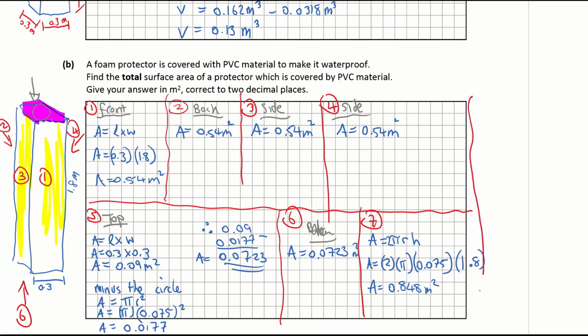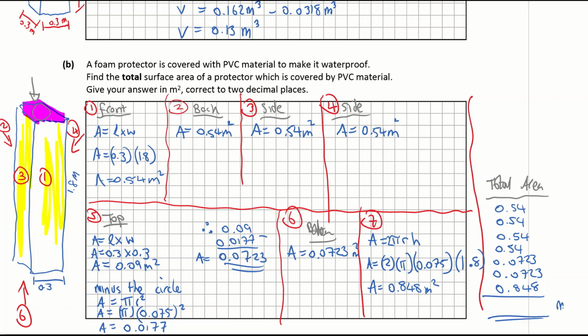Final step to get the total area. And the total area of the PVC is found by adding up all of our areas. So area 1, 0.54, area 2, 0.54, area 3, 0.54, area 4, 0.54, the top of the box, 0.0723, the bottom of the protector, 0.0723, the cylinder down the middle of the shape, 0.848 meters squared.